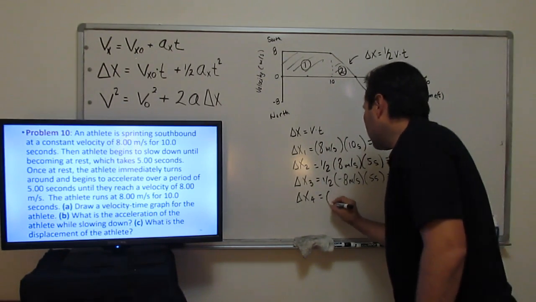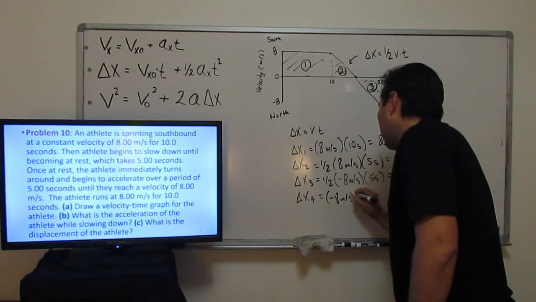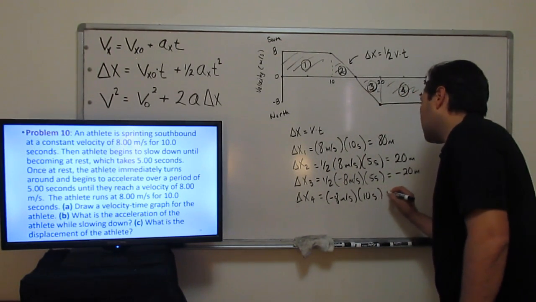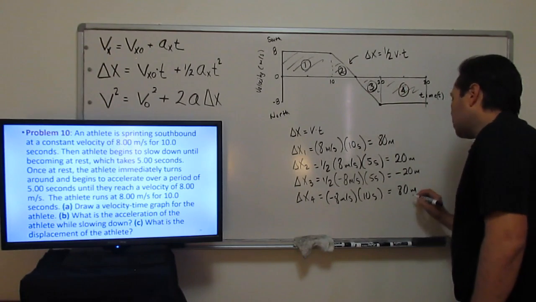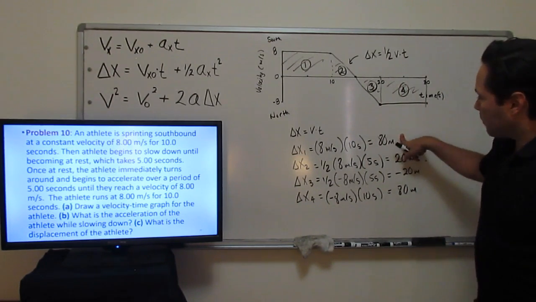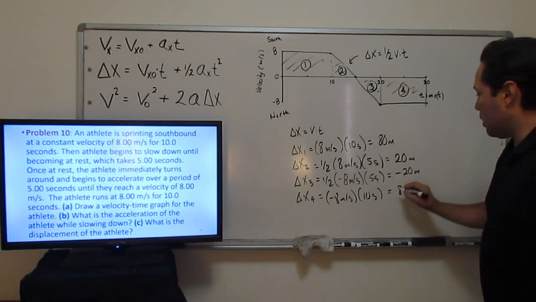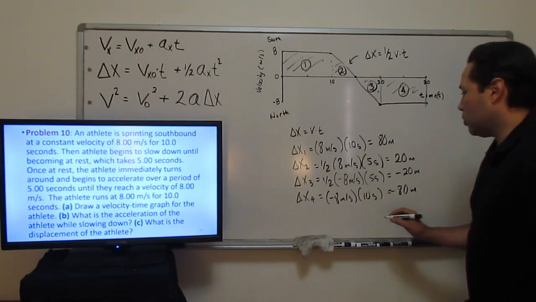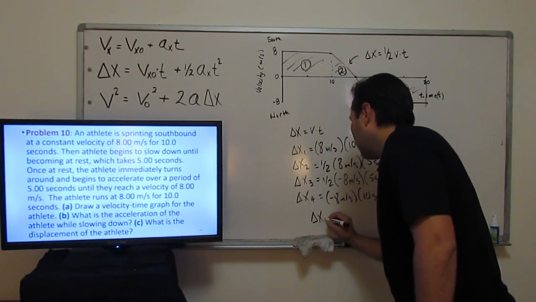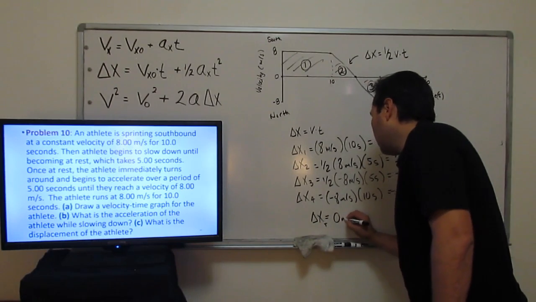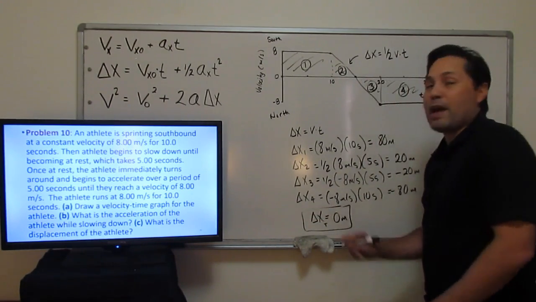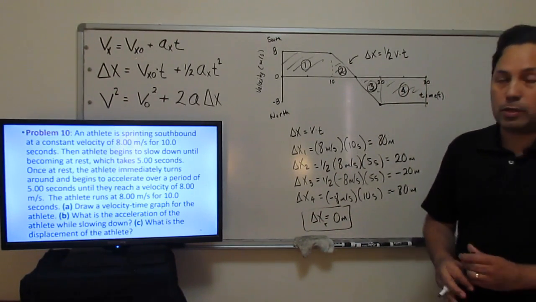Alright, so it's going to give us negative 8 meters per second, because they're going in the opposite direction, over 10 seconds, negative 80 meters. Put it all together, 80 plus 20 is 100, minus 20, minus 80, for a grand total of 0 meters. They went back to the origin, so the displacement is 0.